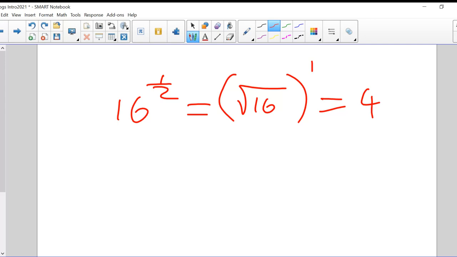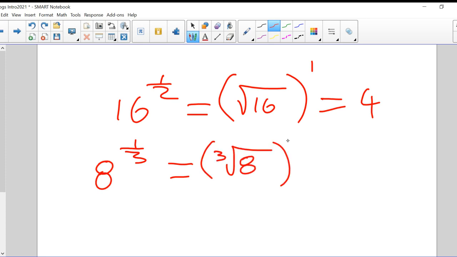So if I now took 8 and raised that to the power of 1 over 3, what I'm saying is, what is the third root of 8, again raised to the power of 1? Why am I taking the cube root? Because the denominator of this exponent is 3. So it's the third root, and after I find that root, I raise it to the power of 1. In that case, it works out to be 2.